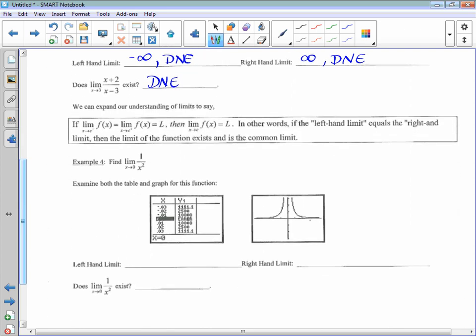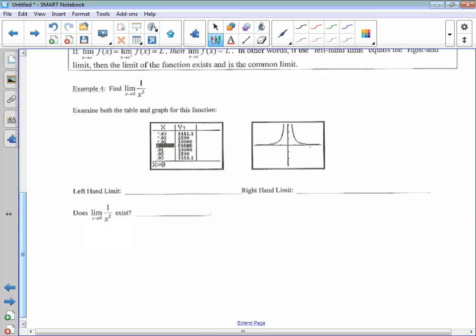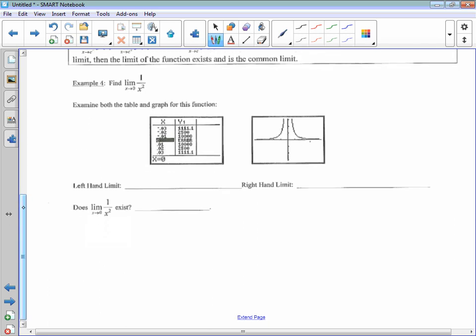All right, so let's look at the next one. So now we have the graph of 1 over x squared, and we're doing the limit as x approaches 0. So from the left, what are you going to tell me? Infinity, does not exist. Good.